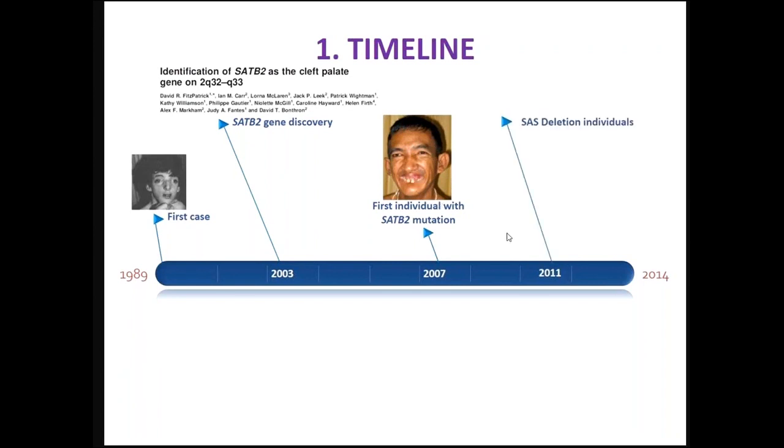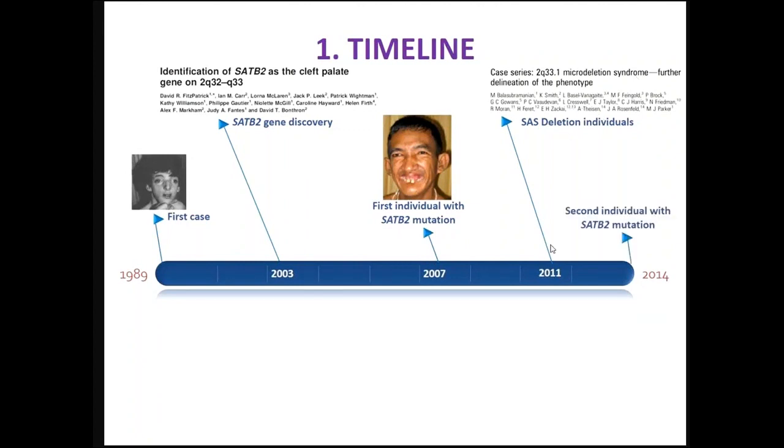Then a few years later, we figured out that there were other ways you can get this syndrome, including those that have pieces missing even smaller than this first case. It took 7 years from the first individual for the second individual to be described, whose picture you see here, and that was in 2014.